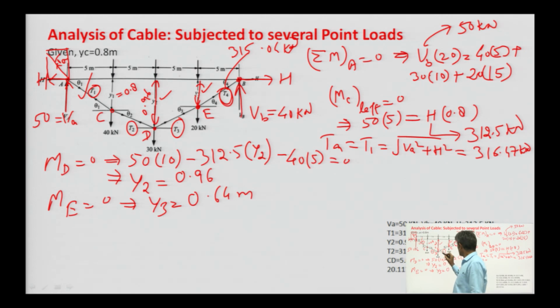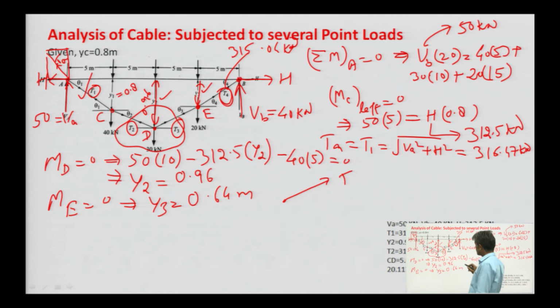We can consider the free body diagram at point D. At this point, this one is T3, this one is T2, and here it is 30 kilonewton.